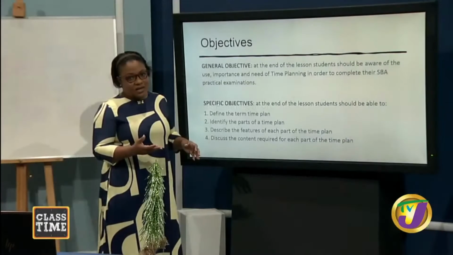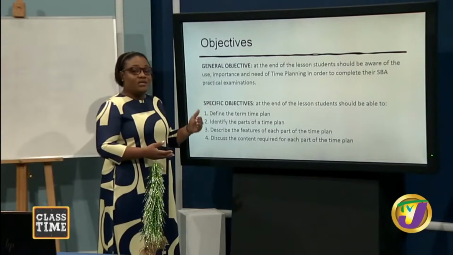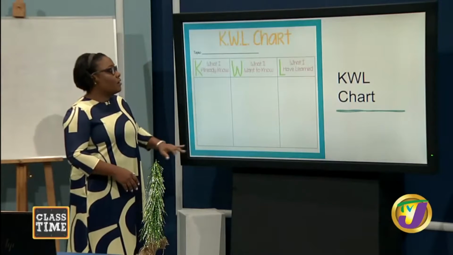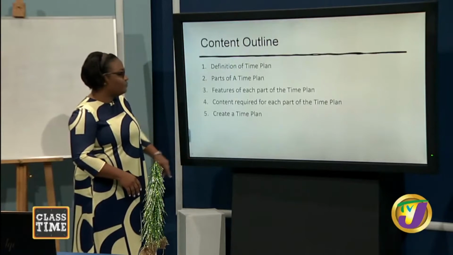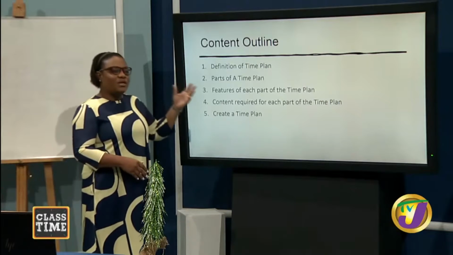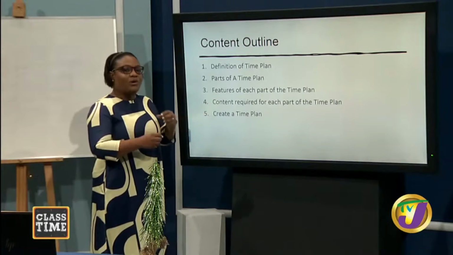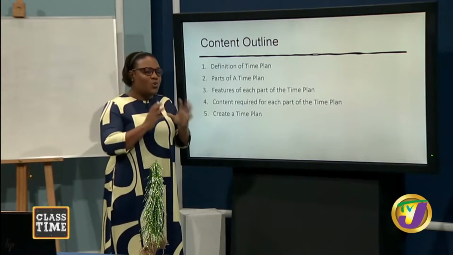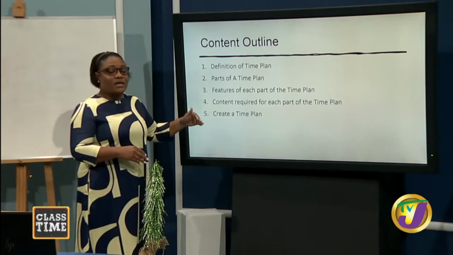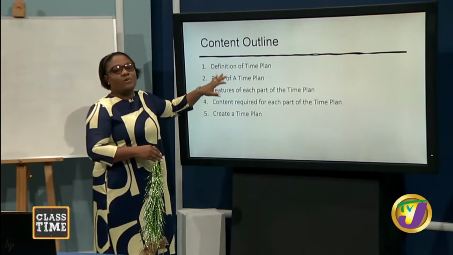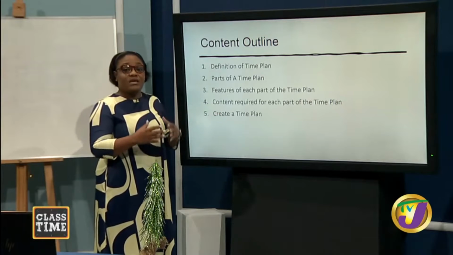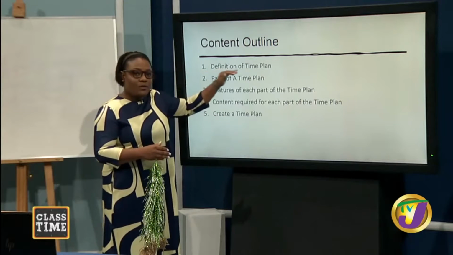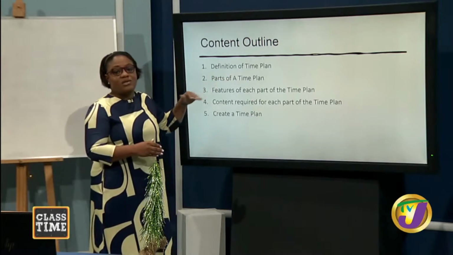Now, like I said last week, from our objectives, we're going to get our content outline. I mentioned it before, but just to ensure that you know what we're doing, I'm going to go through it again. This is basically what would be your subtopics. So if you're taking notes, you can put subtopics like this in your books.